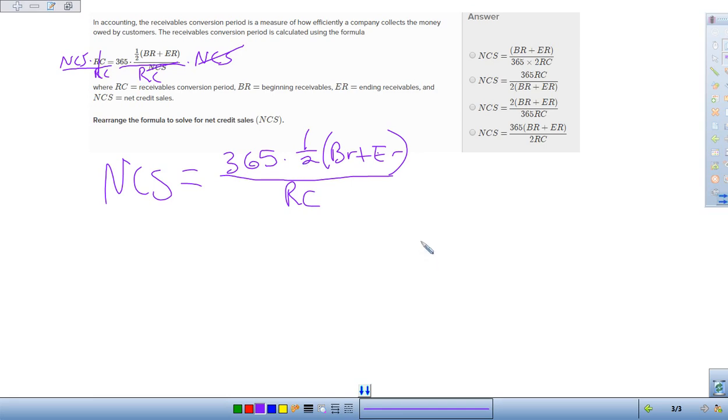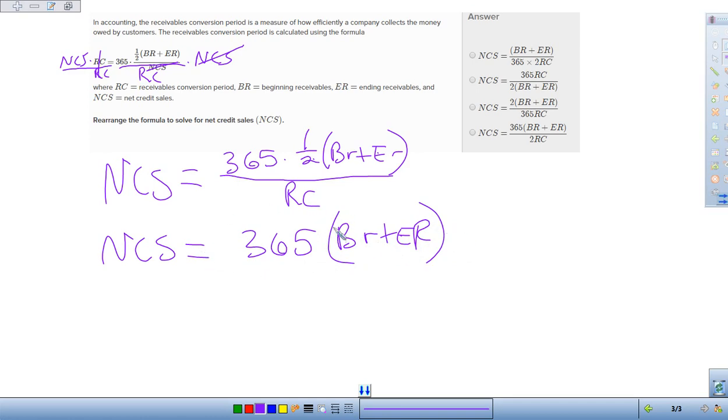When I take all of this and I multiply it by 1/2, I'm really moving the 2 down into the denominator, aren't I? This whole product is taking half of this, which means I could just write it as divided by 2. So another way to write this is 365 times BR plus ER, and this has to be grouped together because it is a factor in a product.